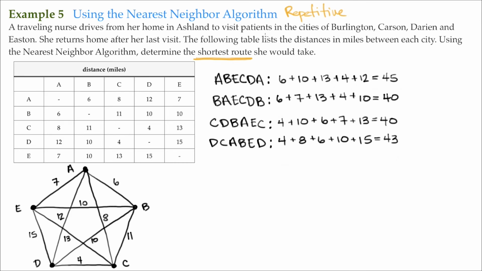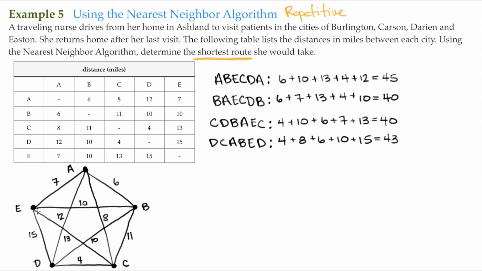Now, the difference between this and the brute force method is this. You only have to start at each vertex. If there's 5 vertices, as there is here, you're only going to have 5 possible routes. Using the brute force method, there are 24 possible routes.